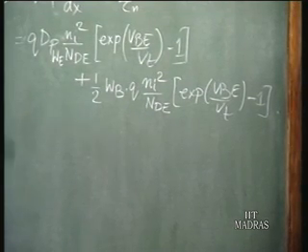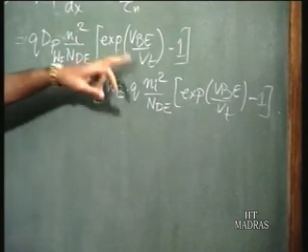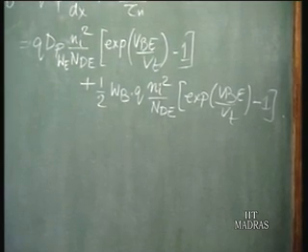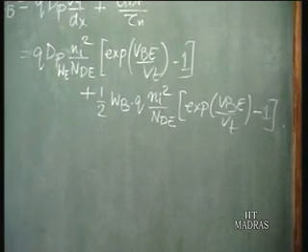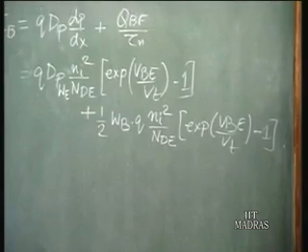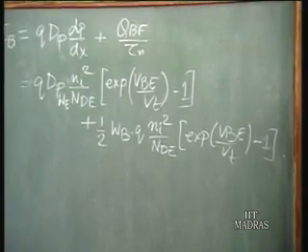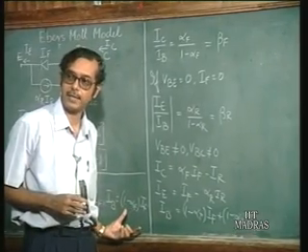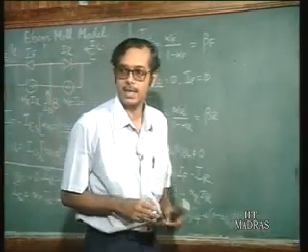Of course, you can write it in a better fashion by taking the exponential VBE by VT minus 1 as common. Now the interesting thing is, so this is equal to 1 minus alpha f into IF. IB is equal to 1 minus alpha f into IF.